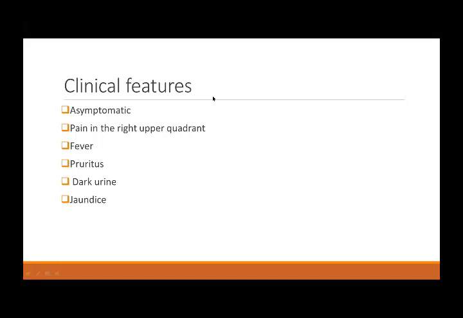So it could be asymptomatic, or present with pain in the right upper quadrant, fever, pruritus, dark urine, and jaundice.